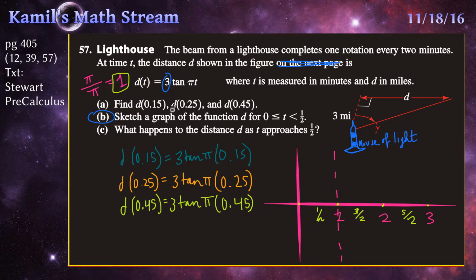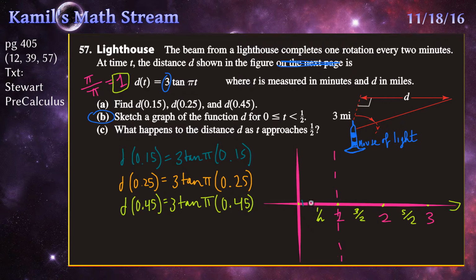And t is over here. This axis would be t. So we just have to find when t is somewhere around here. We know the first one is 0.15, so somewhere around here.